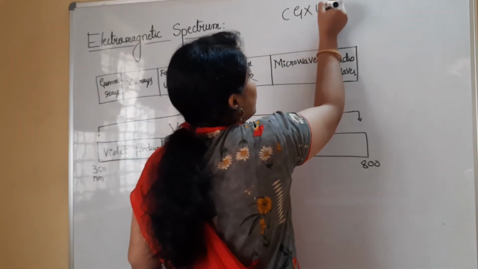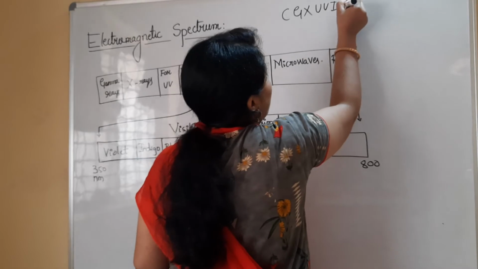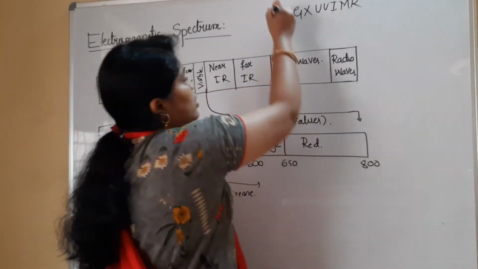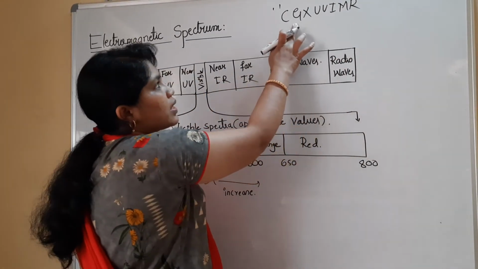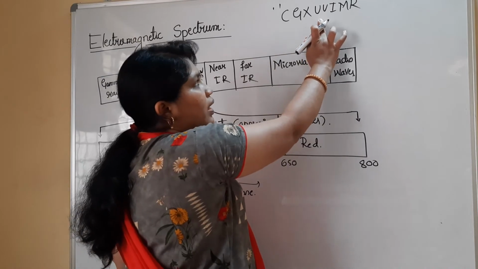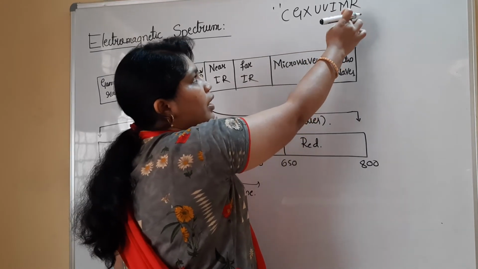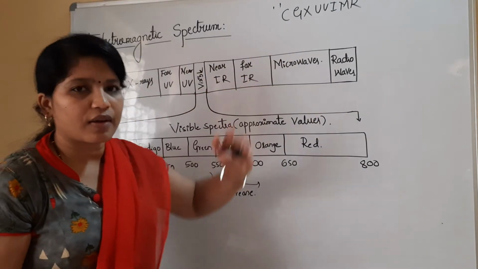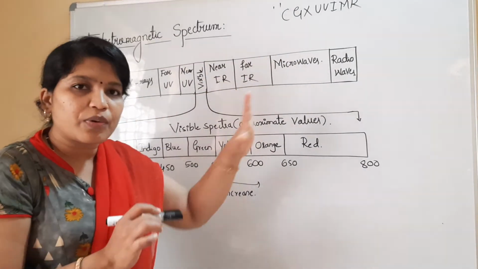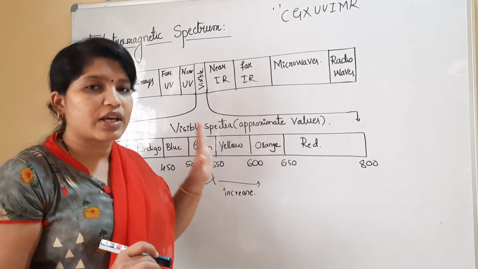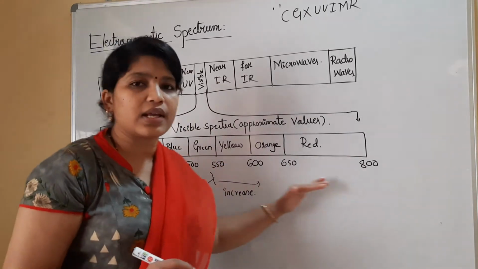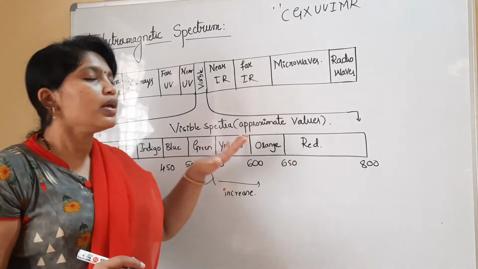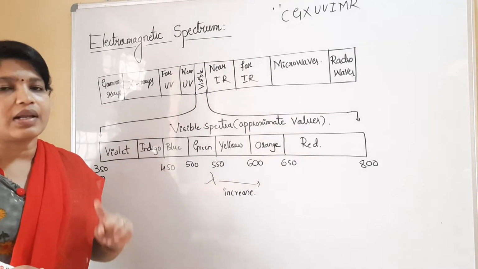CGX UV IMR. So this is a phrase you have to remember. Cosmic rays, gamma, X-rays, ultraviolet radiations, then infrared, microwave, then lastly we have radio waves. Such a representation of different types of waves in their increasing order of wavelength is called the electromagnetic spectrum.